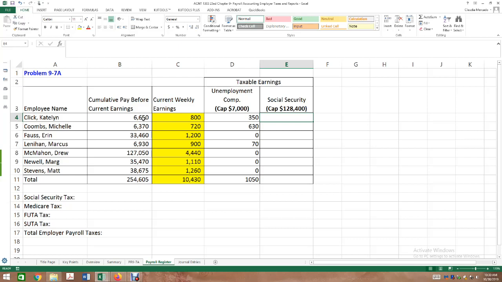She still has a long way to go to reach this cap of $128,400. So what does that mean? That means that I'm going to pay taxes on the entire $800. I am going to pay Social Security tax because this employee still has a long way to go to reach the Social Security cap. You pay Social Security on the first $128,400 of earnings.